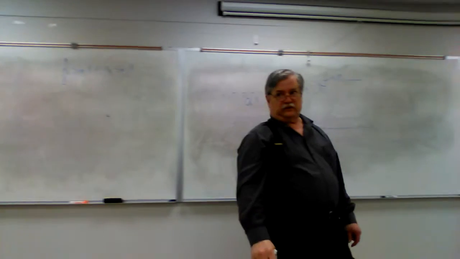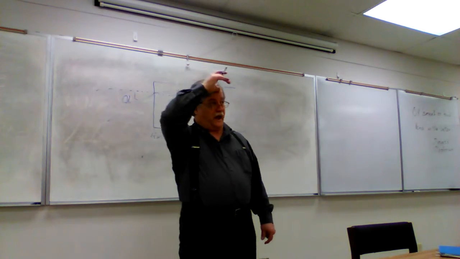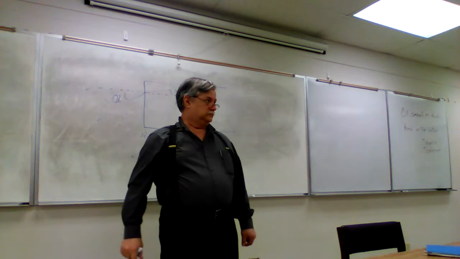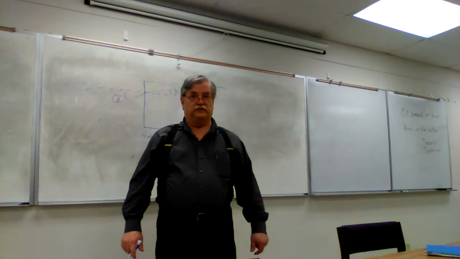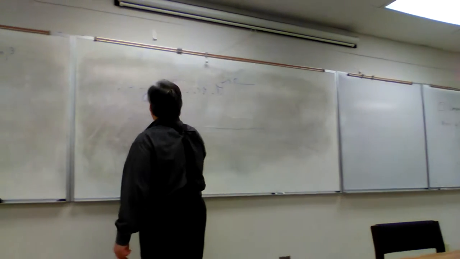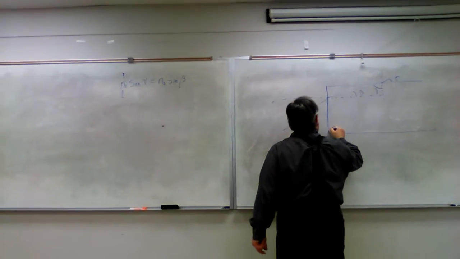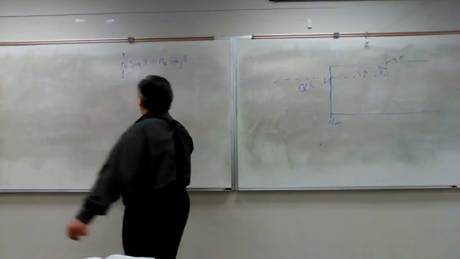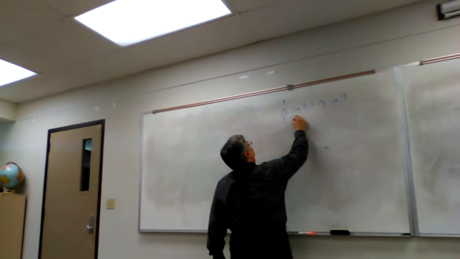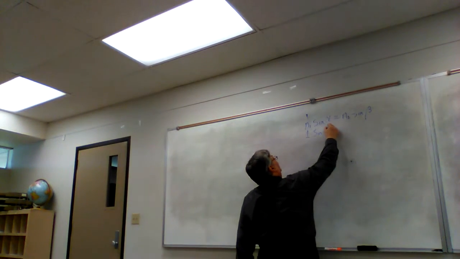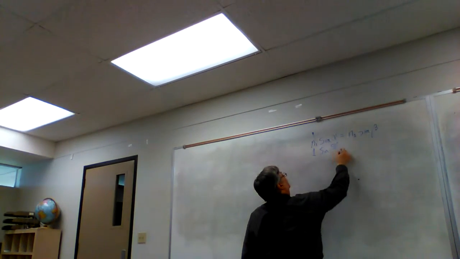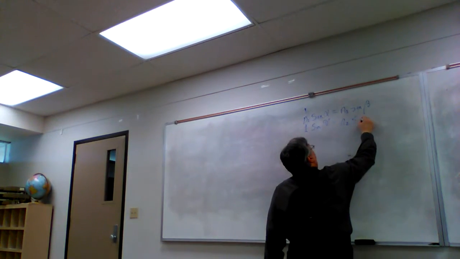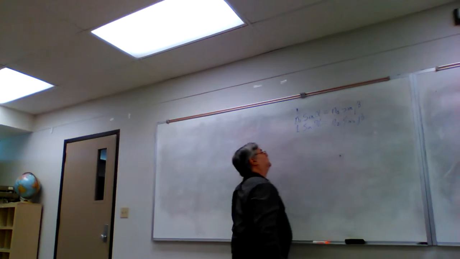Now, if we are trying to do this so that it doesn't matter what alpha is, then we need to solve it for the worst possible case where alpha is coming in at 90 degrees. So sine of 90 degrees times 1 will equal N2 times the sine of beta.